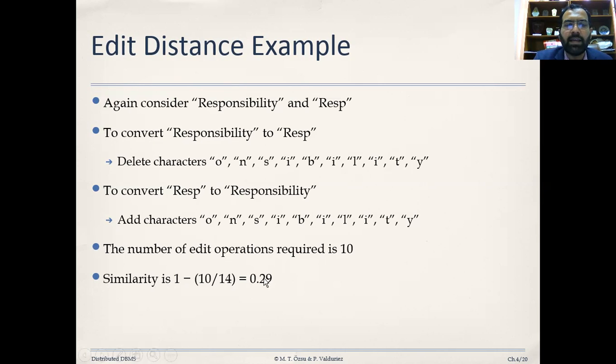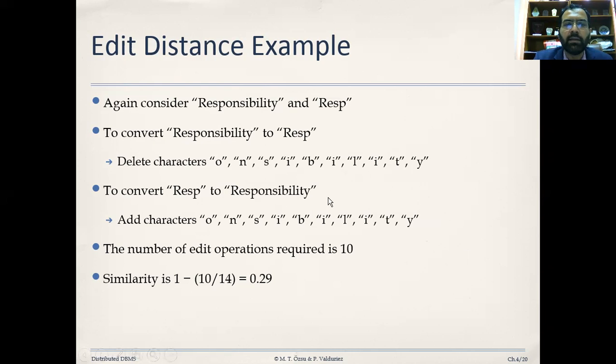So if we apply the edit distance, you can compute those values, which represent your case: how much edit distance there is if you want to change it. If there is more edit distance, it means they are not very similar. If there is less edit distance, it means they are quite similar.